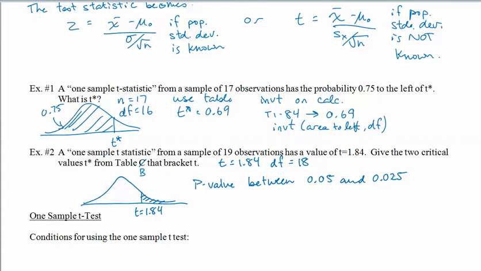What you would have found was that t was between 1.784 and 2.101. So remember, you're looking from the table for that.